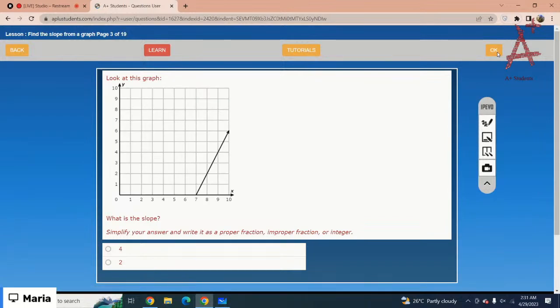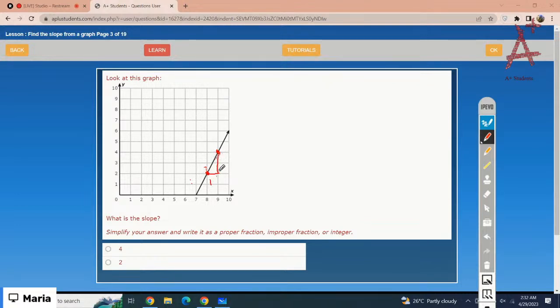Okay, look at the graph. Okay, this one. So x changes by 1 and y changes by 2.